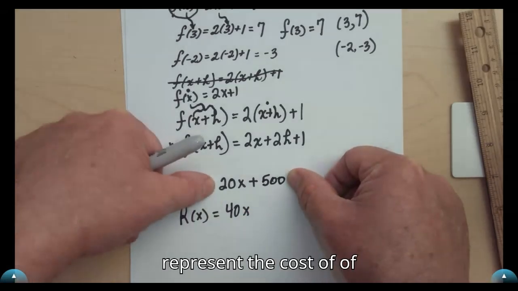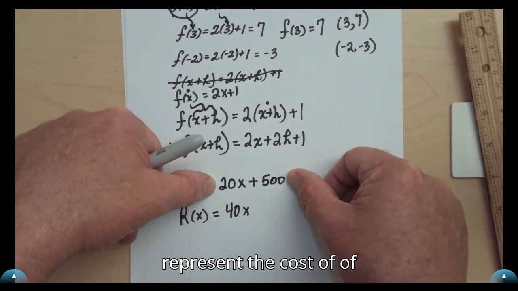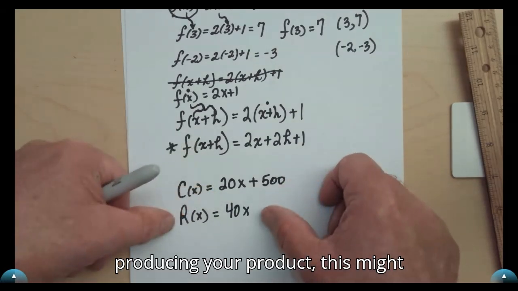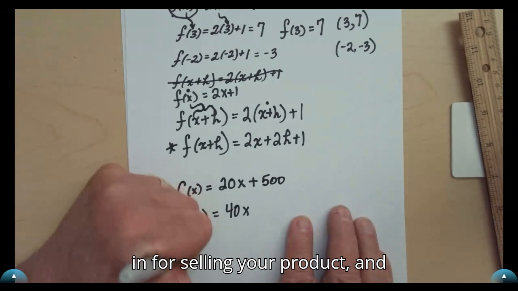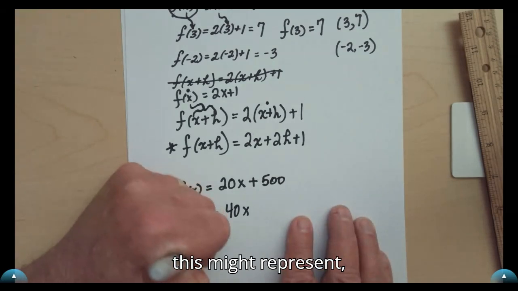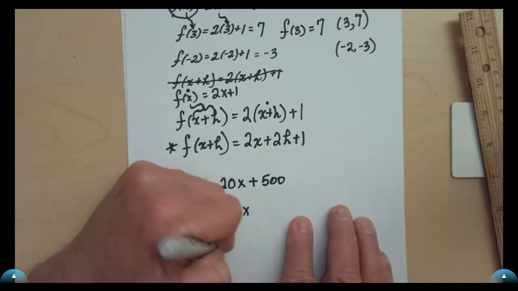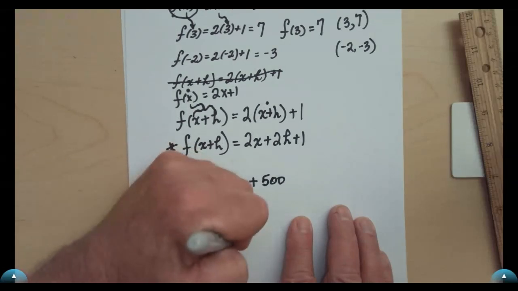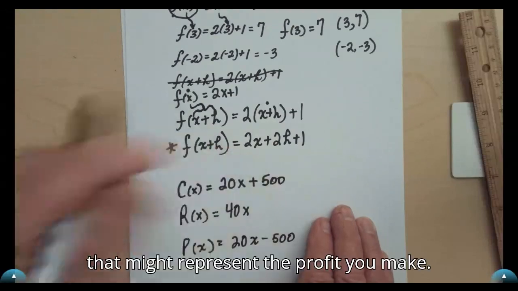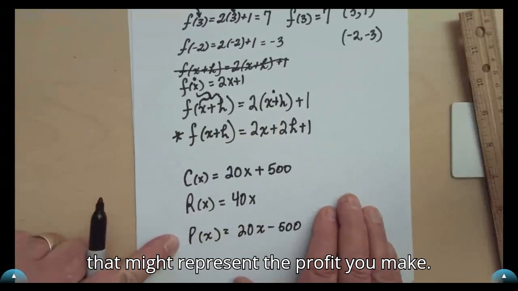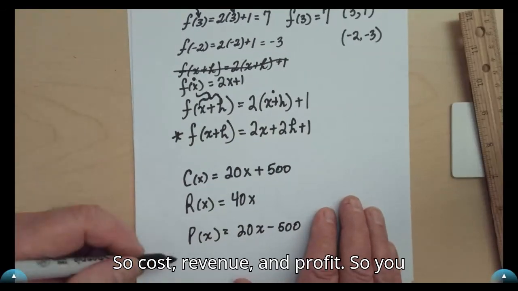This might represent the cost of producing your product. This might represent how much money you bring in for selling your product. And this might represent the profit you make. So cost, revenue, and profit.